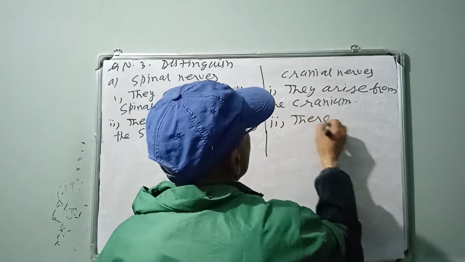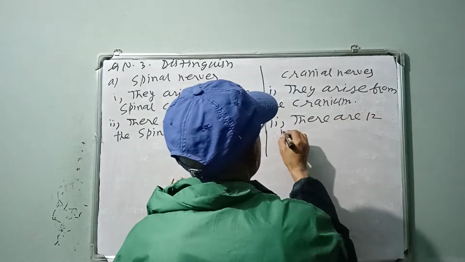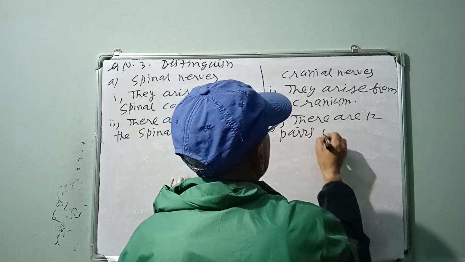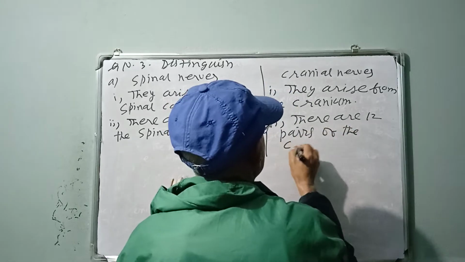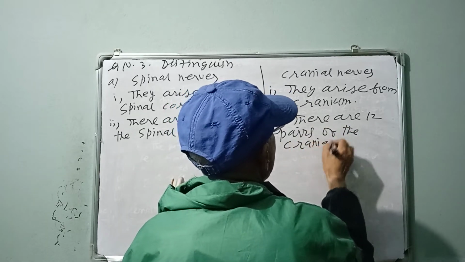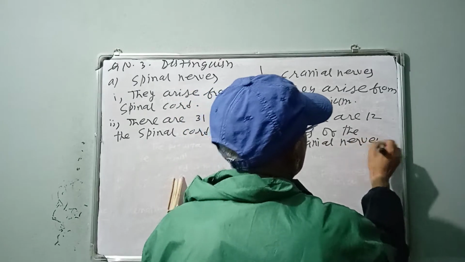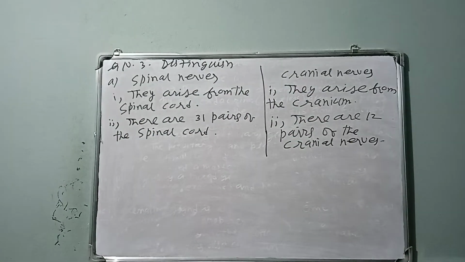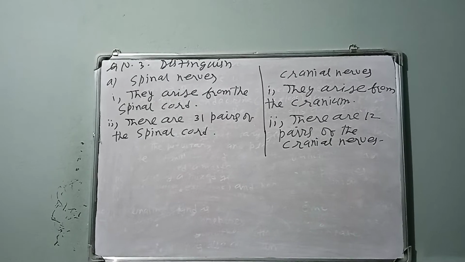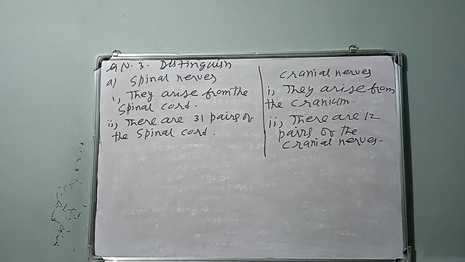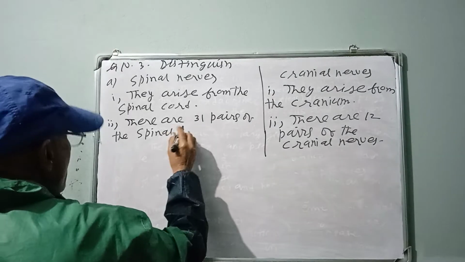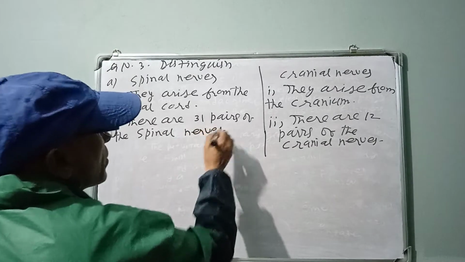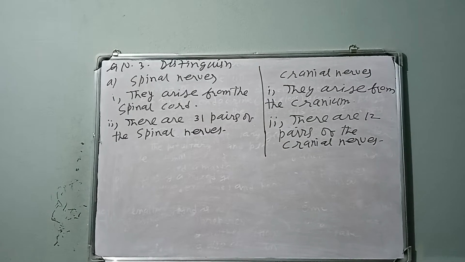There are 12 pairs of the cranial nerves. See, just by the word spinal cords, there are 31 pairs of spinal nerves and 12 pairs of cranial nerves.